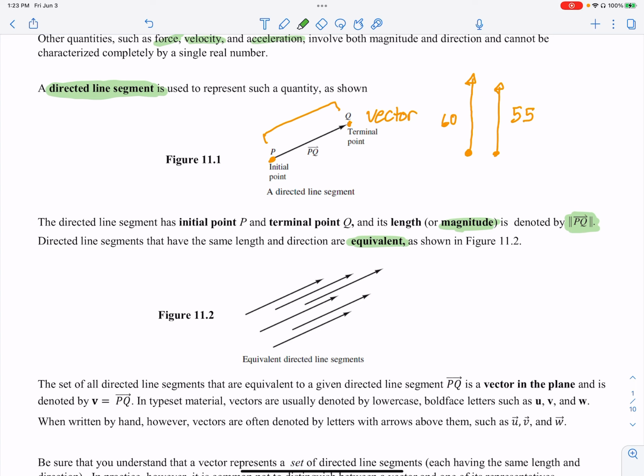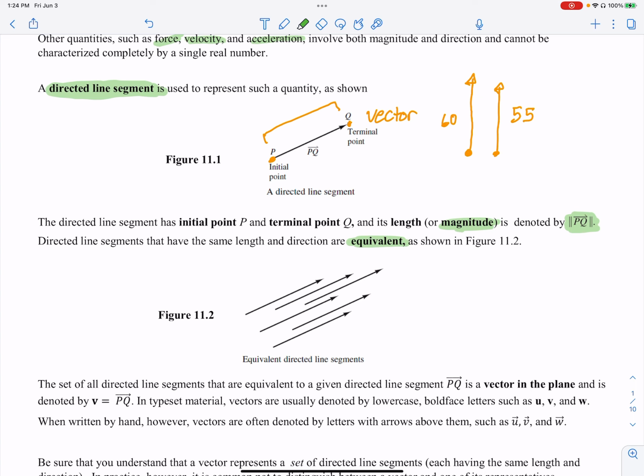There is an initial point and a terminal point, but what a vector tells us is not how to get from this specific spot to this specific spot. It's more like directions to get there. I know that's kind of confusing. So it's not like from 0, 0 to 5, 8 is represented with a vector. I can move that vector anywhere on the graph, and it'd still be an equivalent vector.